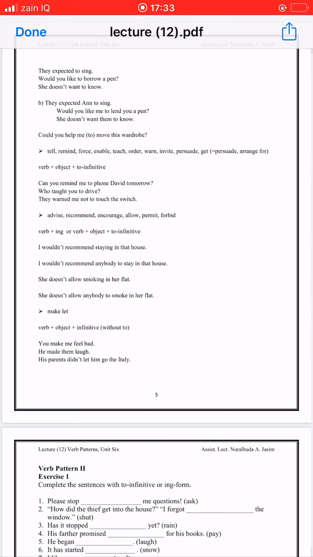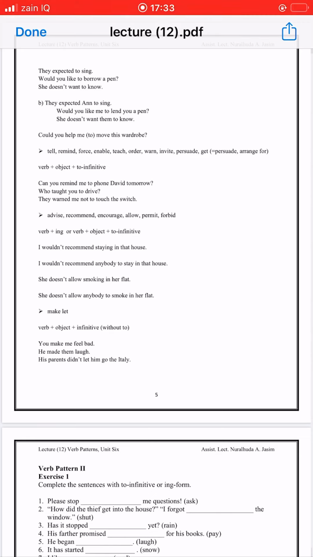You can either use the gerund, or the second case, verb plus object plus to infinitive. Read the sentences: I recommended staying in that house. After recommend comes the gerund staying. I wouldn't recommend anybody to stay in that house.